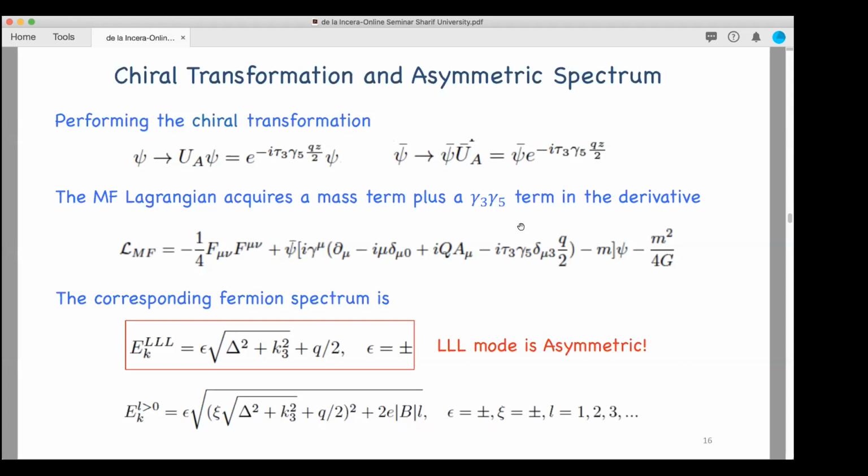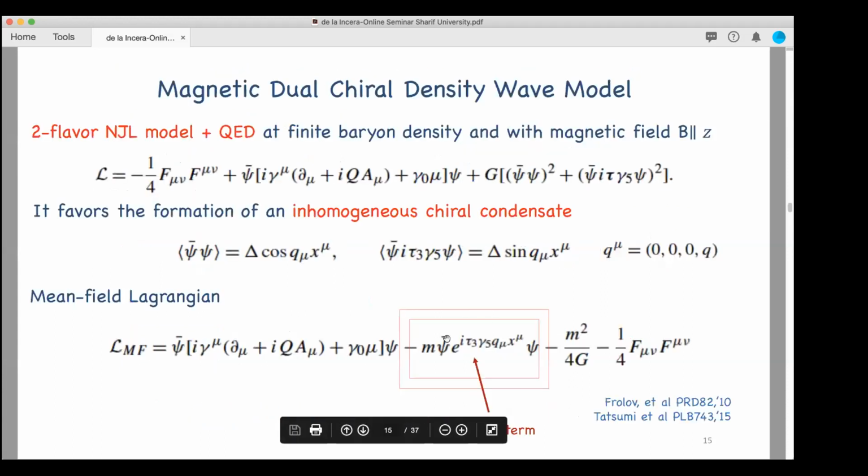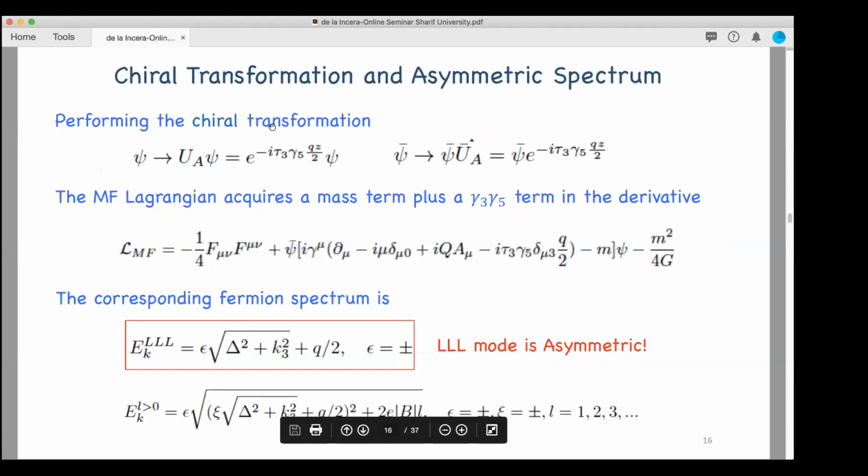Mm-hmm. And when you do it, you get rid of the term that was inconvenient to work with because it depends on z. Now it becomes a regular mass term. You can do the transformation by yourself and see it. You get this regular mass term, and then you get also this other term in the covariant derivative.